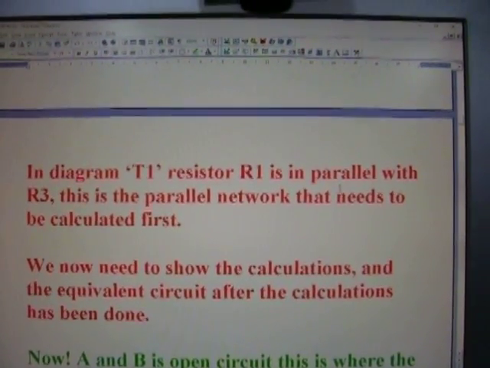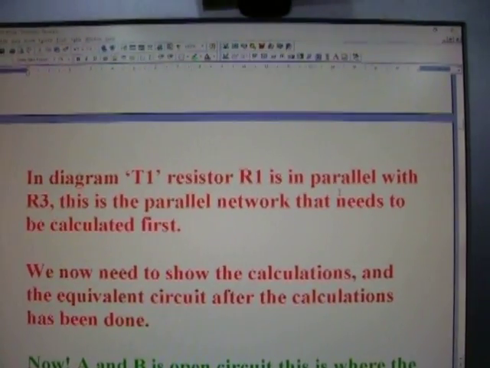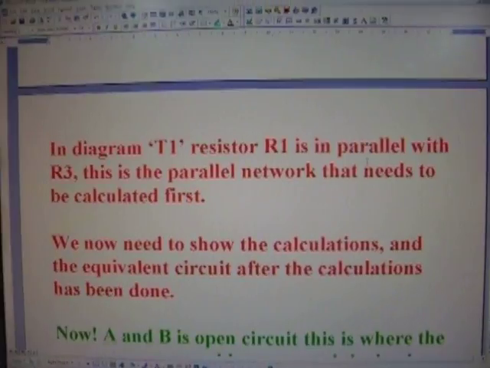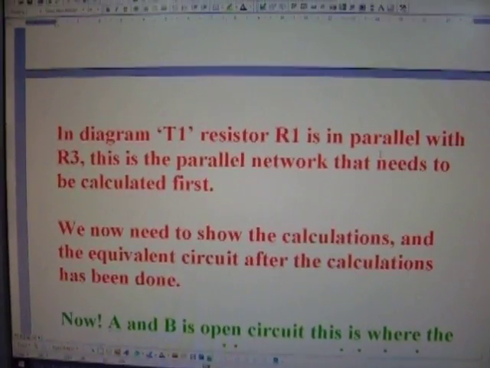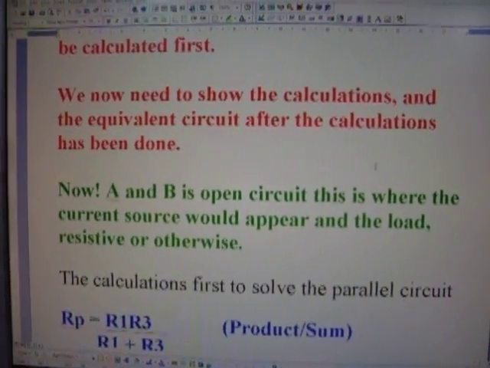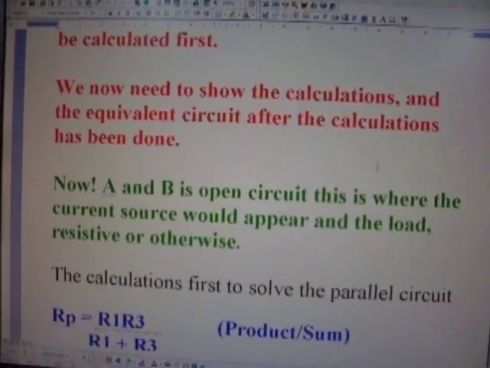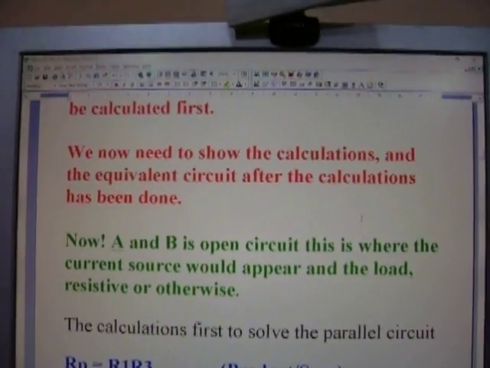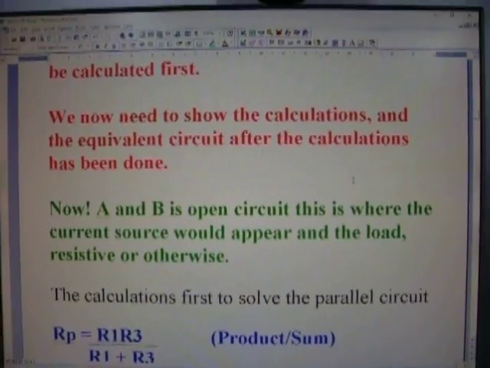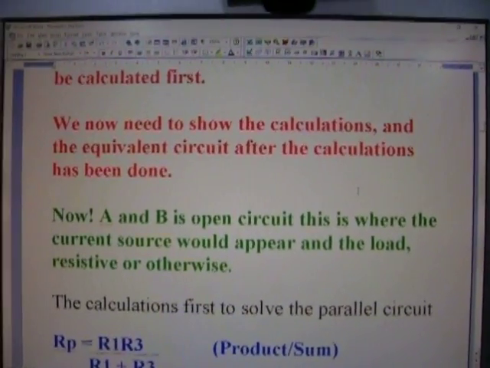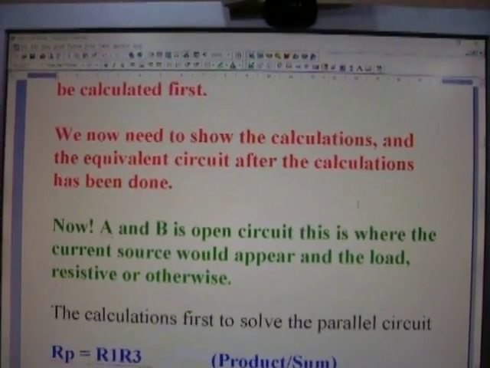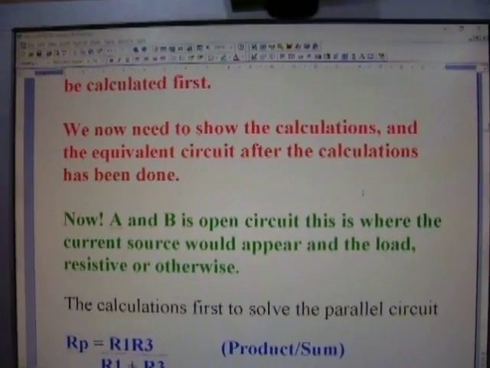We now need to show the calculations and the equivalent circuit after the calculations has been done. Now A and B is open circuit. This is where the current source would appear and the load resistive or otherwise be connected.